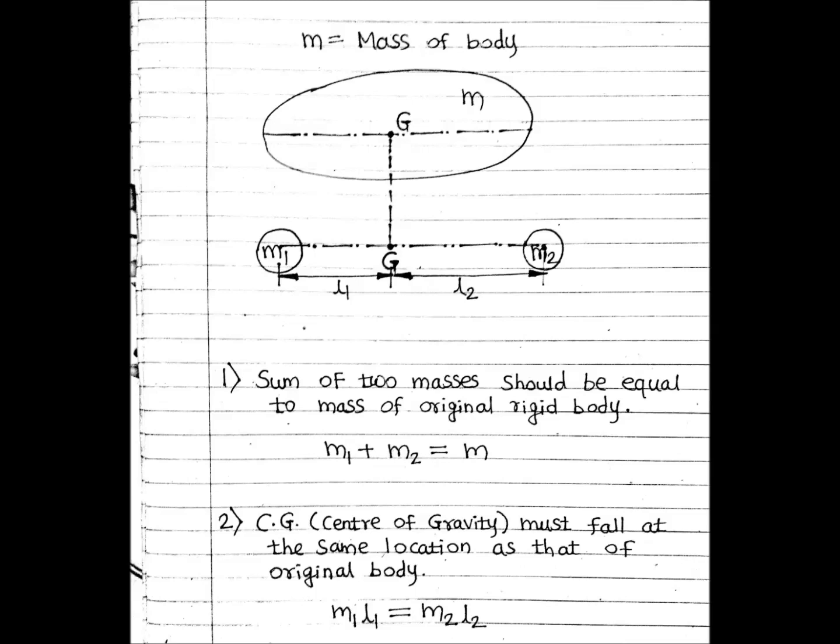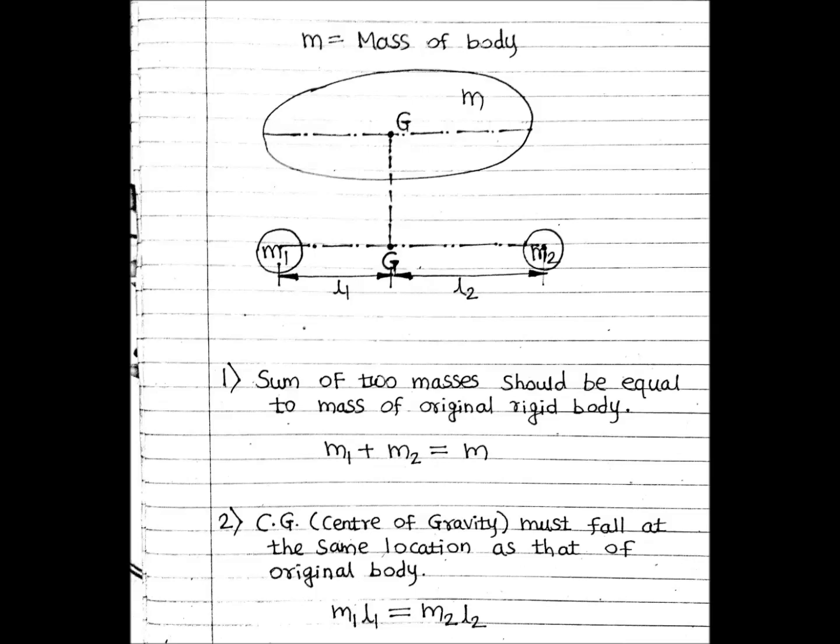So the mass moment of inertia for the two mass system about CG will be the mass moment of inertia due to mass m1 plus the mass moment of inertia due to mass m2. Mass moment of inertia due to m1 will be m1 l1 square, as m1 is located at distance l1 from CG, and due to mass m2 will be m2 l2 square.